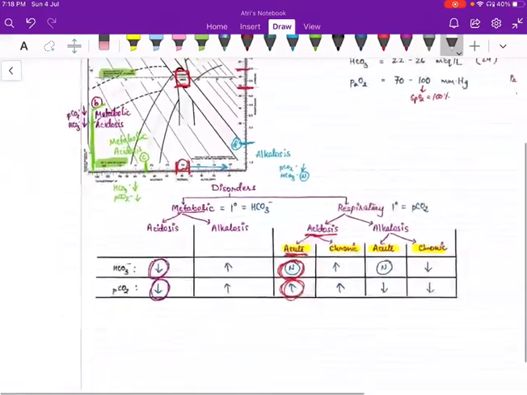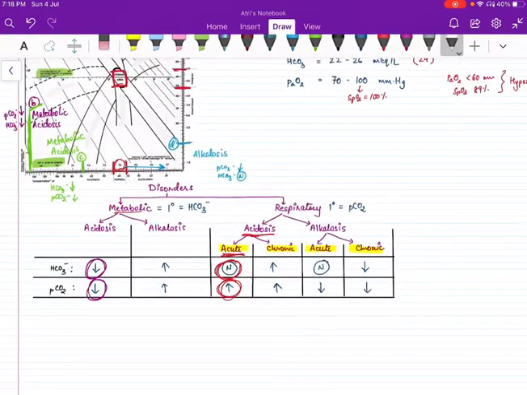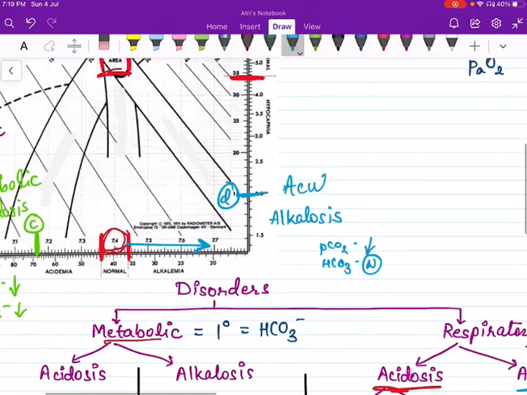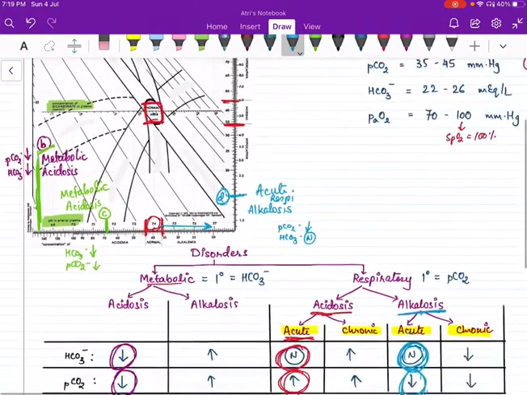So now in our chart, which condition has decreased PCO2, bicarbonate normal with alkalosis, right? Decreased PCO2, normal bicarbonate with alkalosis. So this is acute respiratory alkalosis. So point D is acute because the compensation has not yet taken place.